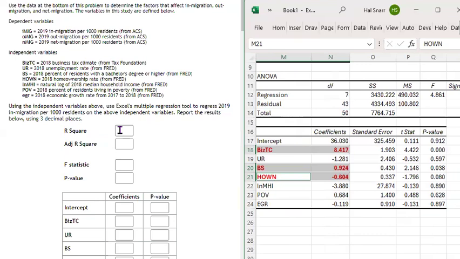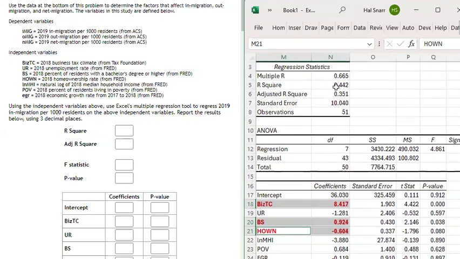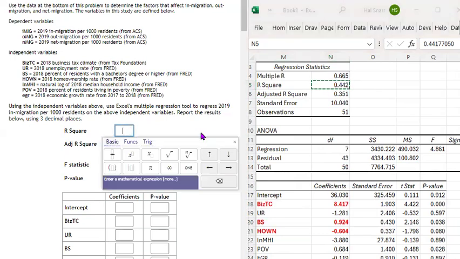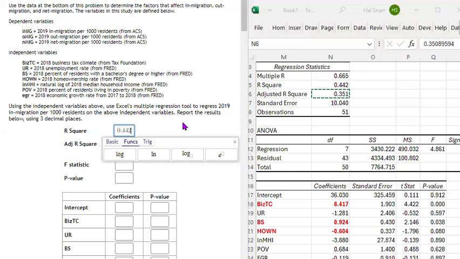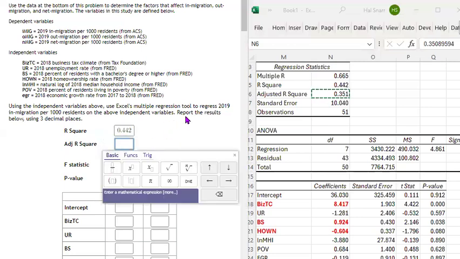And then we fill in the information here. The R square is 0.442. And it's not as close as I like to see it to adjusted R square. Remember, you can inflate R square just by adding a bunch of variables that have no predictive power over the thing that you want to predict.